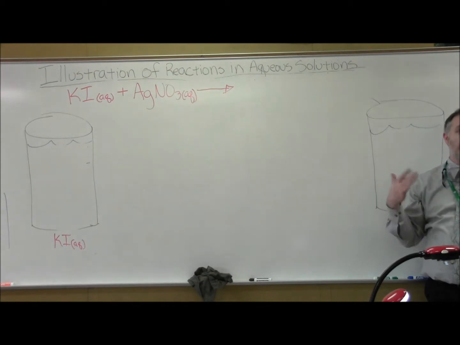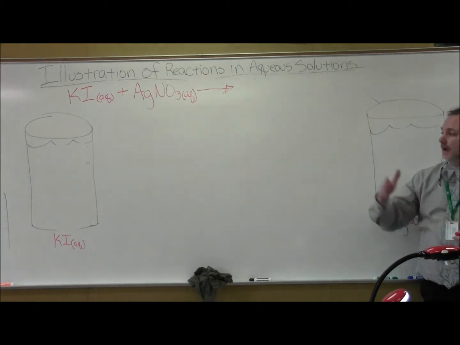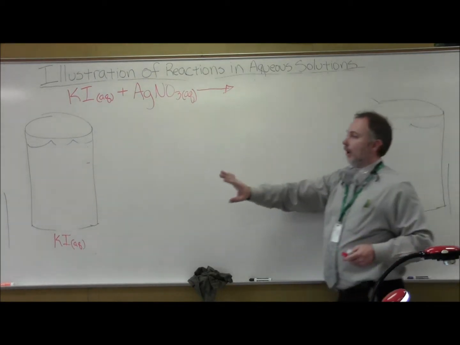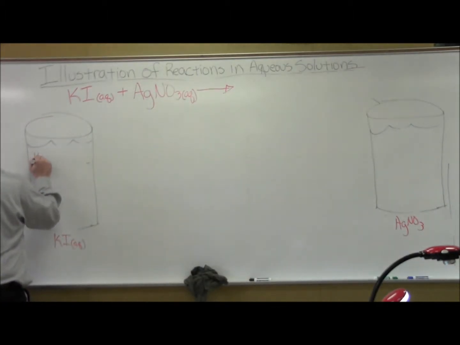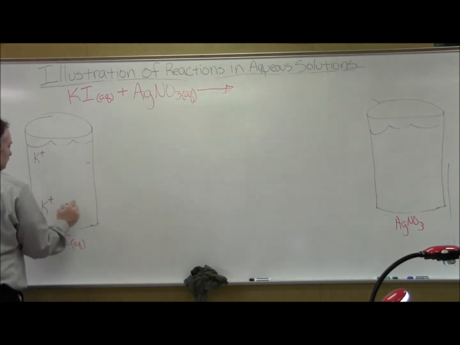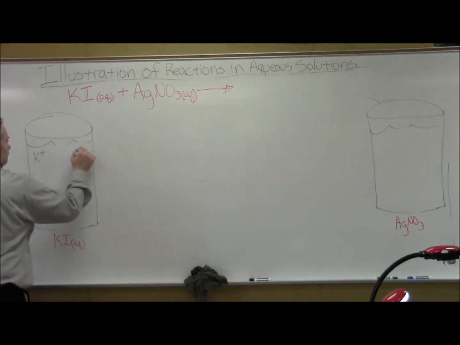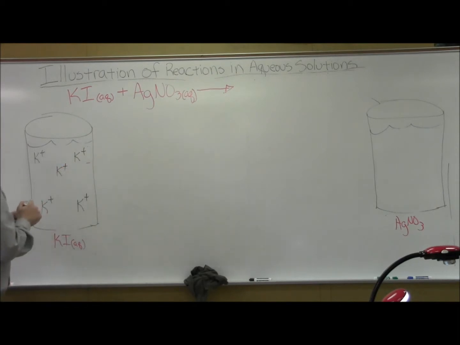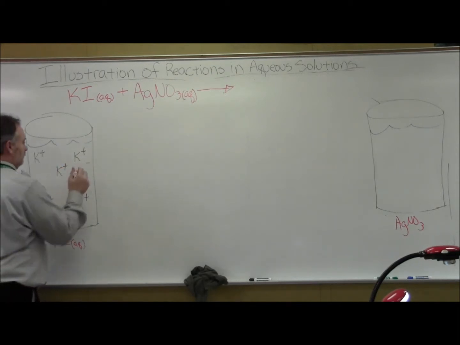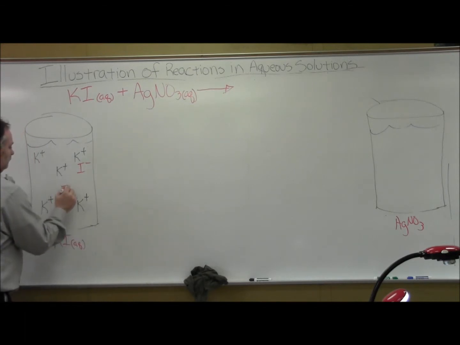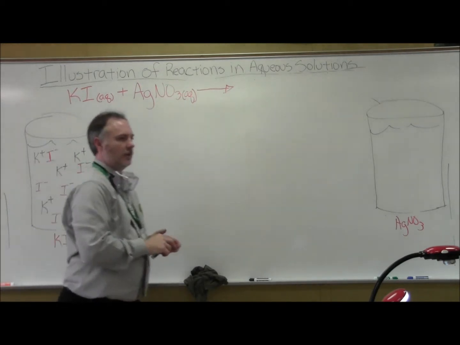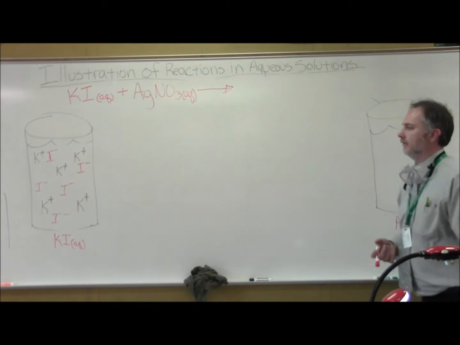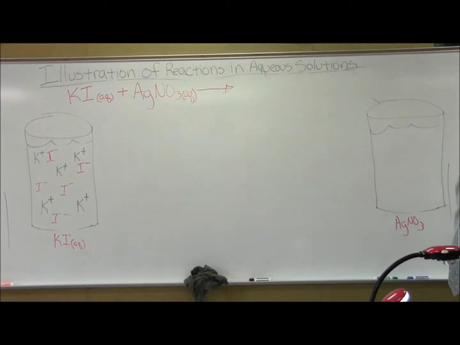I'm starting out doing the exact same thing I did last time. I'm going to have my K and my I all dissolved in here. Same thing, a bunch of potassium ions, a bunch of iodide ions, all dissolved.